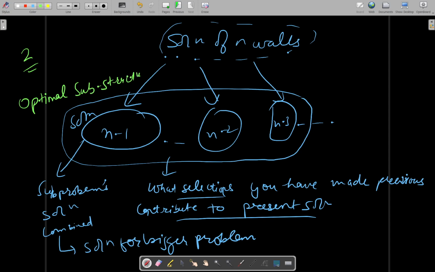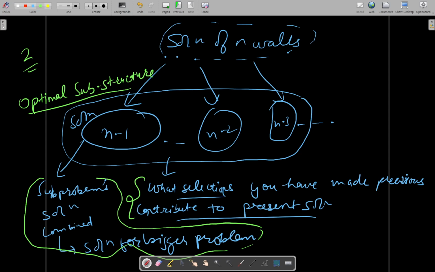It is nothing but that smaller subproblems' solutions can be combined to form the solution for a bigger problem. I will also be providing a link for this property.